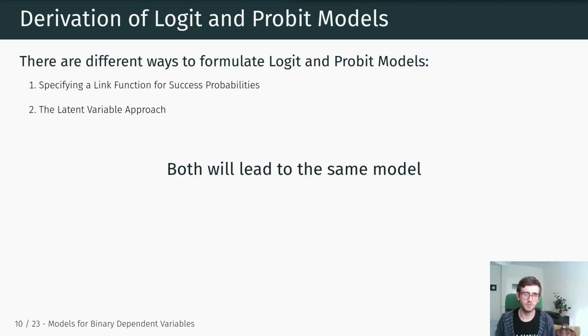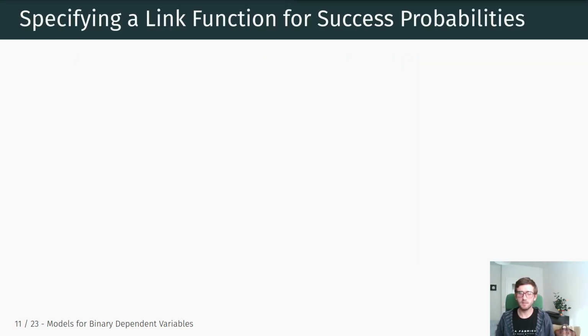You can just think of these as alternative ways of conceptualizing how we come up with this specific model, or this pair of models essentially. So let me just start with the first alternative in this video, and then I'm going to move on to the latent variable approach in the second video.